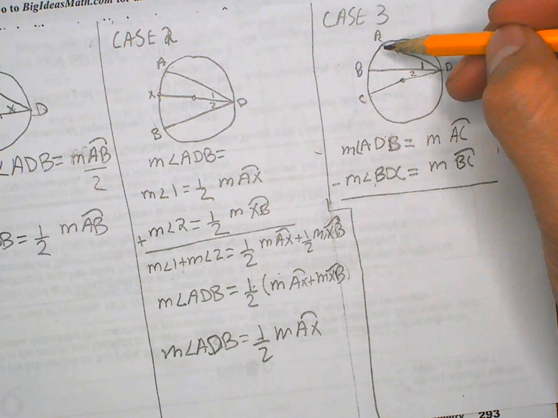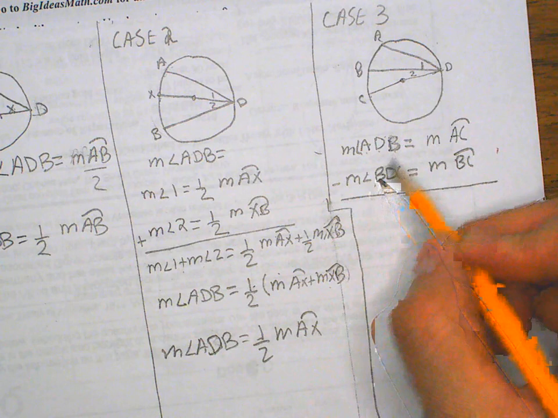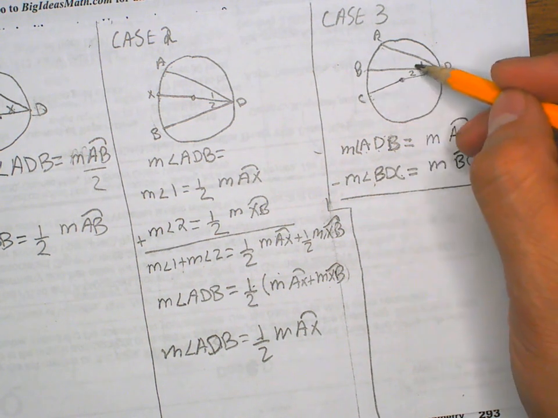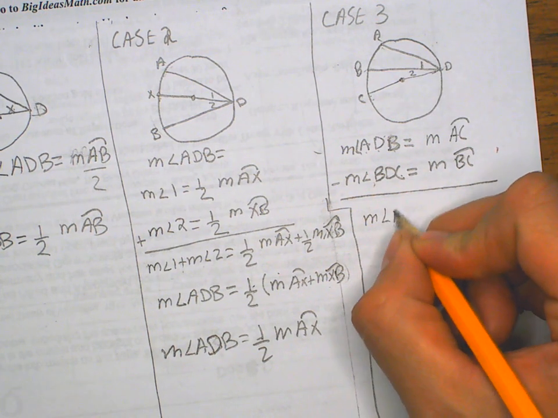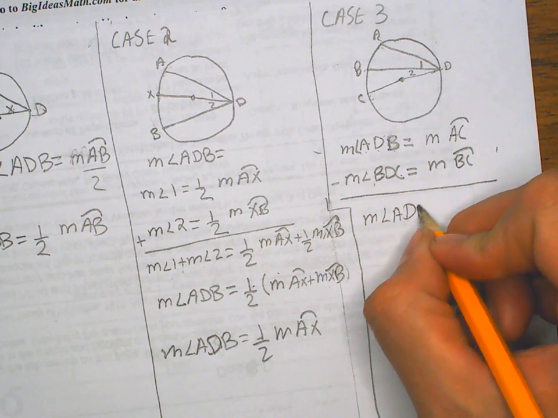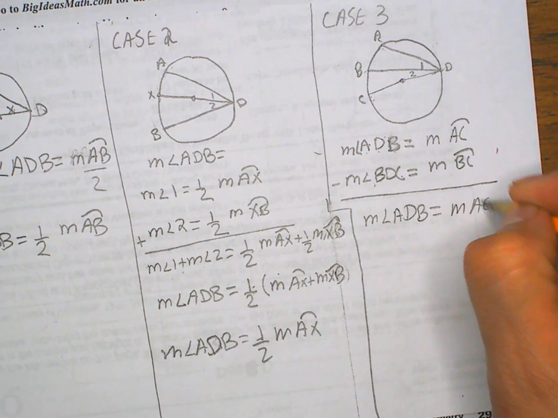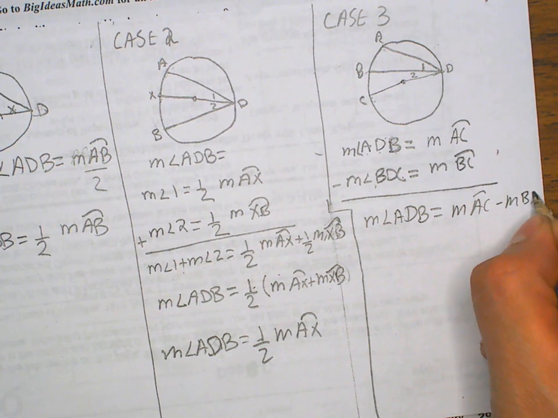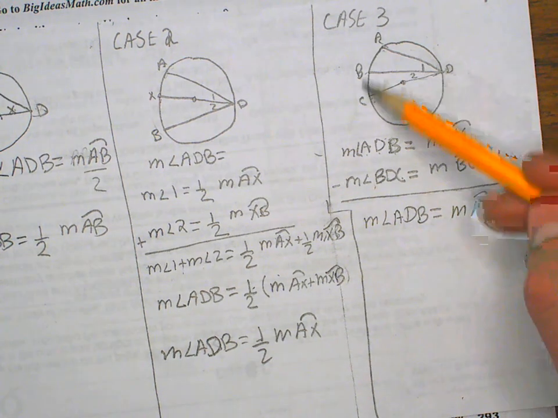So here we have ADC minus BDC. So ADC minus BDC, that's going to be that angle right there, ADB. So we're going to have the measure of angle ADB equal to the difference between these two. Okay, so we have AC minus BC.